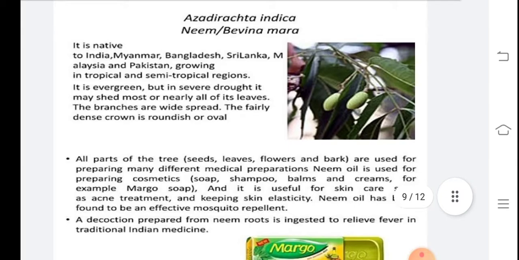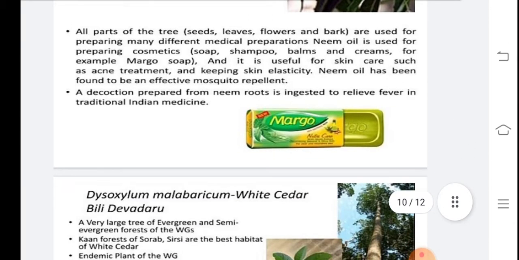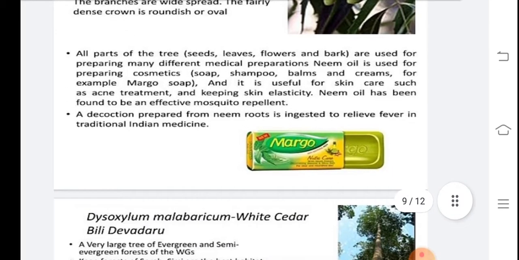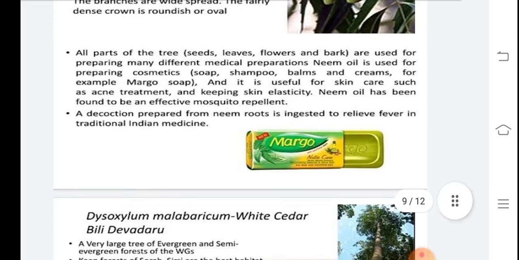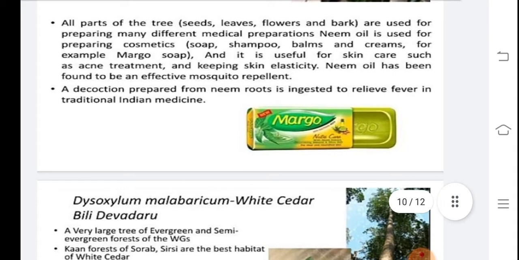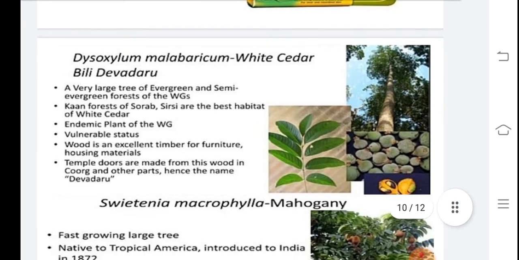Then Azadirachta indica, this is a good photograph with fruits, and commonly it is evergreen. We already know the leaves generally show a dark greenish color, so remember this. The decoction of the leaves is used to relieve fever and as an insecticide. Margosa paste is one famous paste prepared from this.